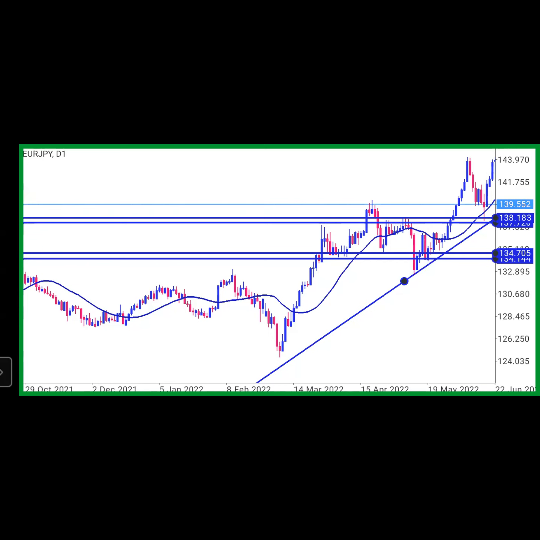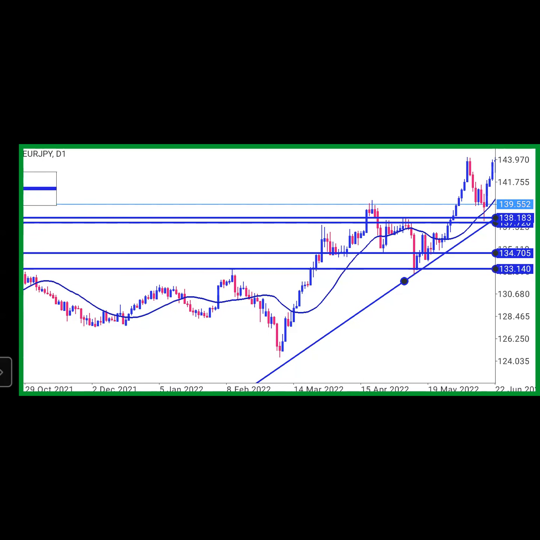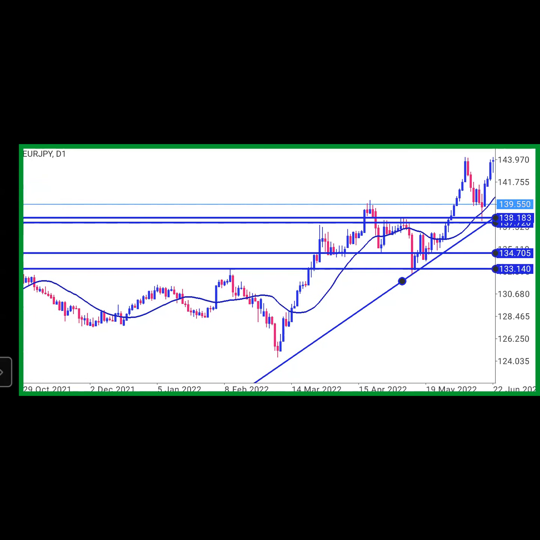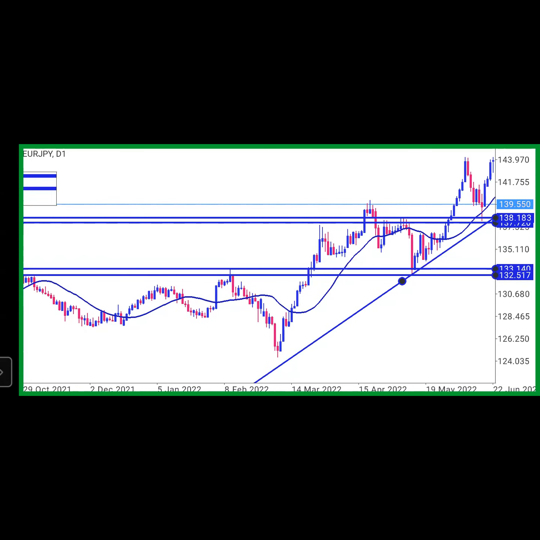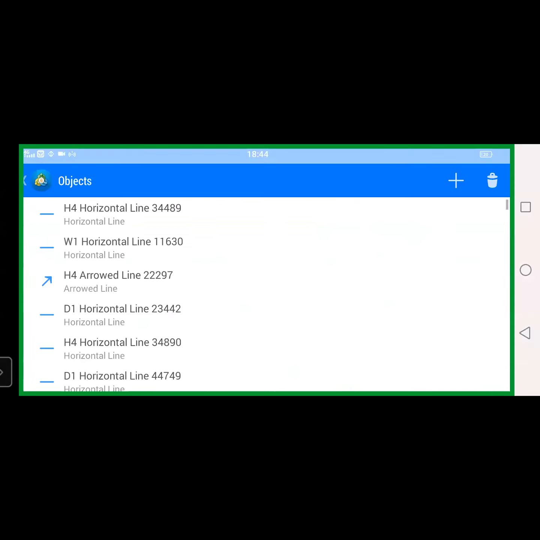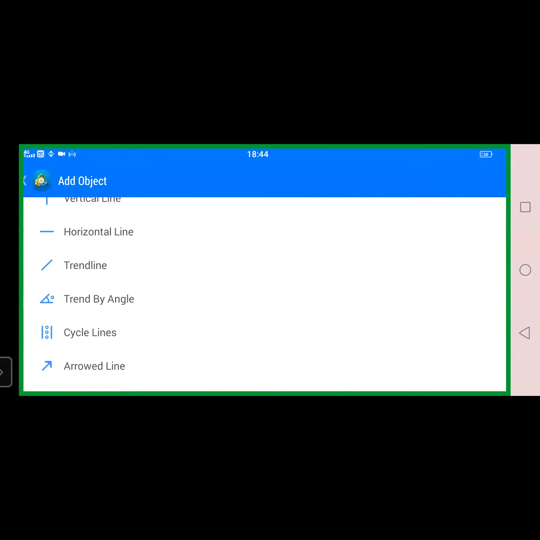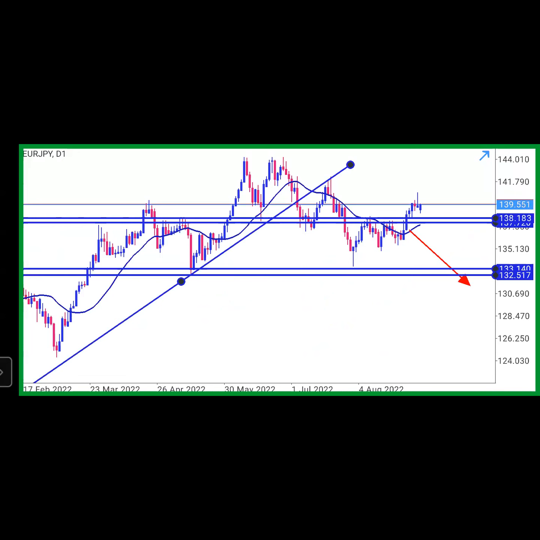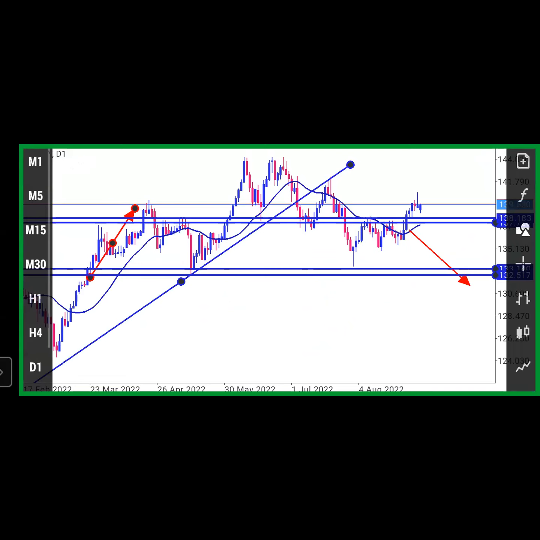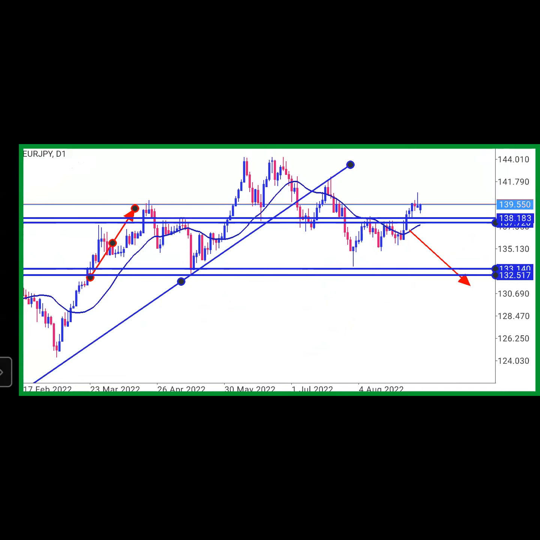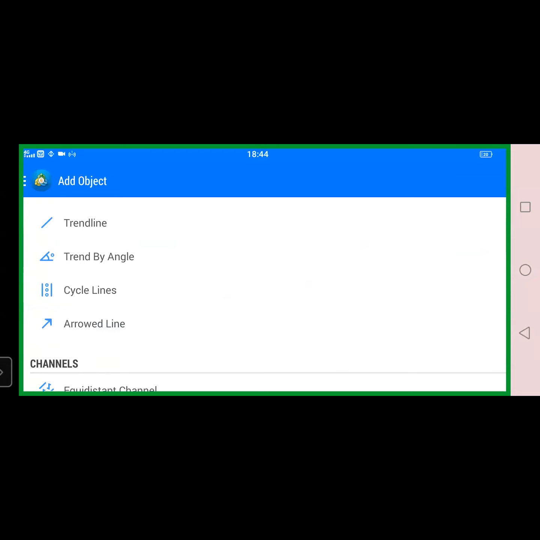Okay, wait. Let's start from this lower part. Can you see where this first resistance became support? Now, when it broke out to the upside, let me pick an arrow. When this part first broke up, it later pulled back, did it not? It pulled back and ranged until it got to the trend line.